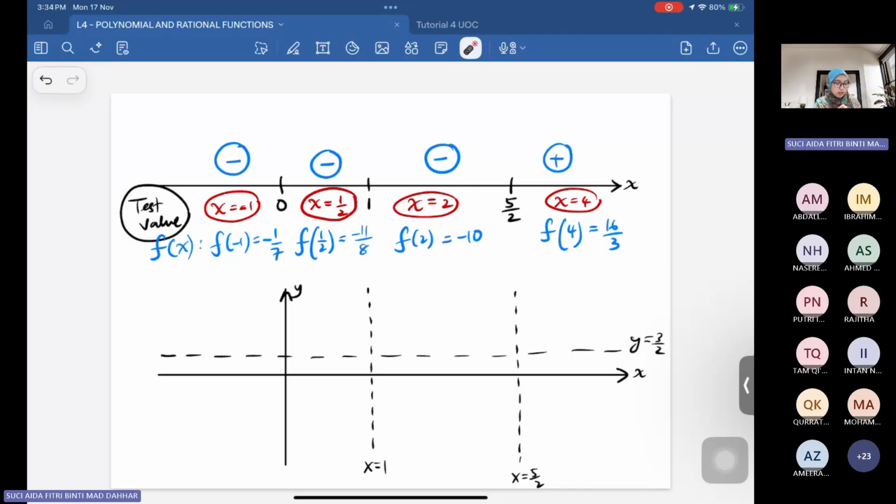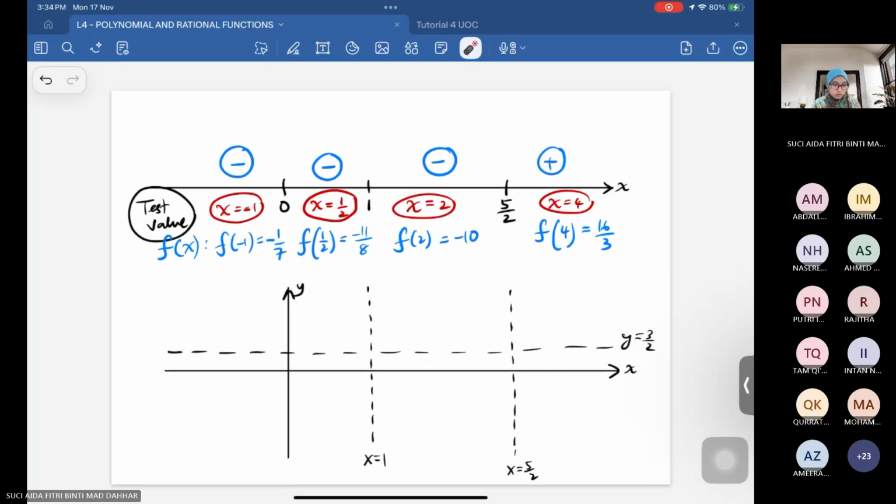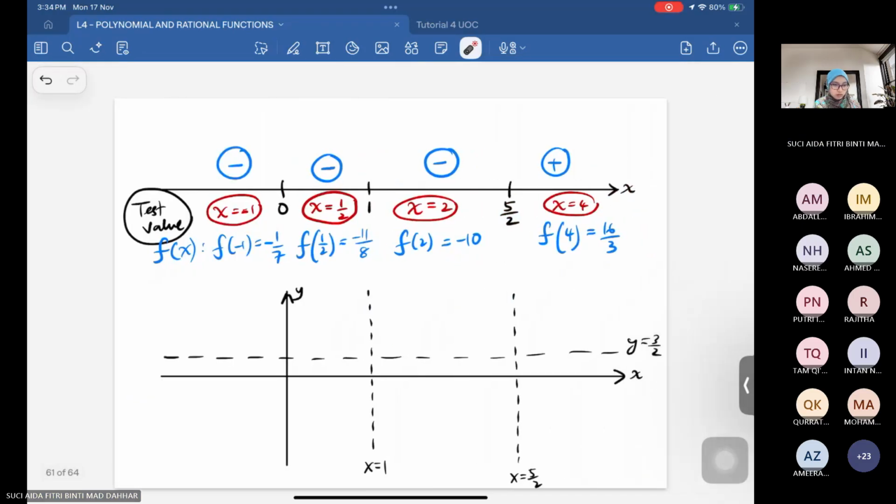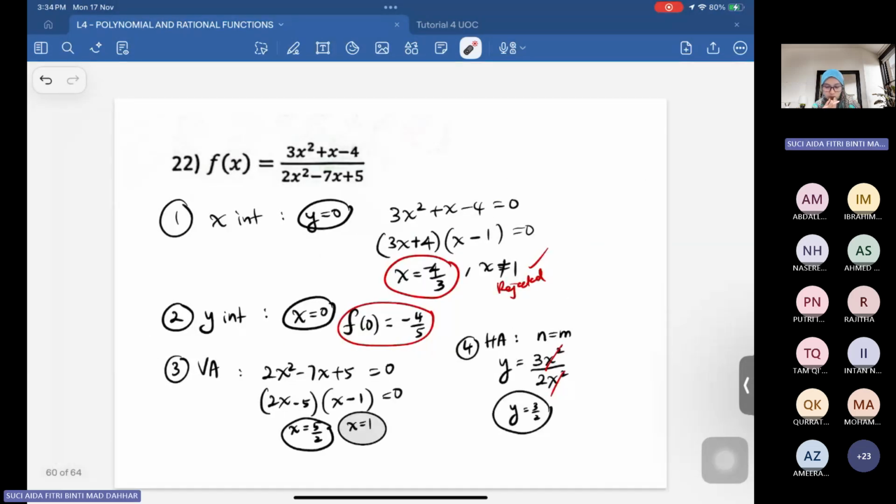If I calculate x equals to, it's negative. 3x squared plus x minus 4, 2x squared minus 7x plus 5.